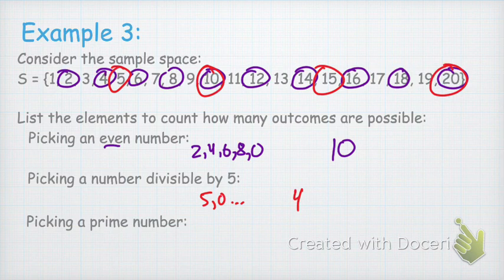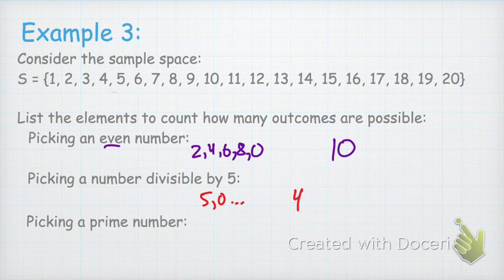And so let me create a clean list here, and we'll circle the numbers that are prime. So like 13, for instance, can't be divided by anything except for 1 and 13 itself. 15 is not prime, though, because it's divisible by 3 and 5. 17 is prime. 19 is prime.